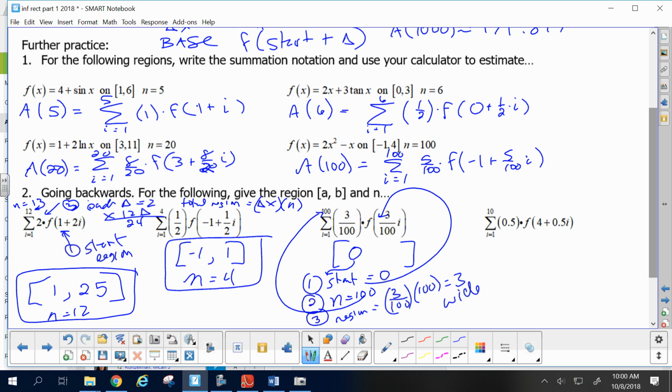Did you get 0 to 3 for the next one? And the last one? 4 to 9 with an n of 10, right?